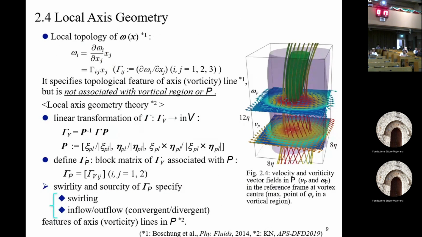Then we have a linear transformation of the gradient tensor into that in the vortex space. And then we also define a block matrix of the gradient tensor in the vortex space associated with the swirl plane. If we estimate swirlity or sourcity in this block matrix, it can specify the swirling feature or inflow or outflow feature in the swirl plane.